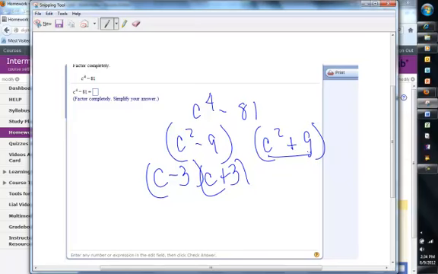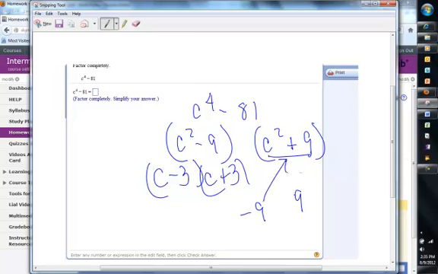Let's try entering this on our calculator. So mode 5, 3, and it would be 1 and 0 and negative 81. And when you do, your calculator says x1 is 9, x2 is negative 9.